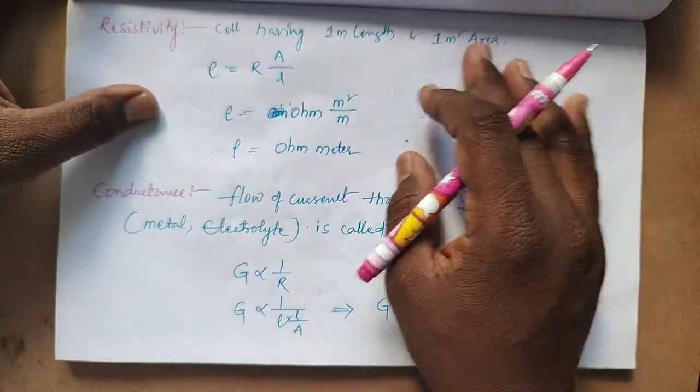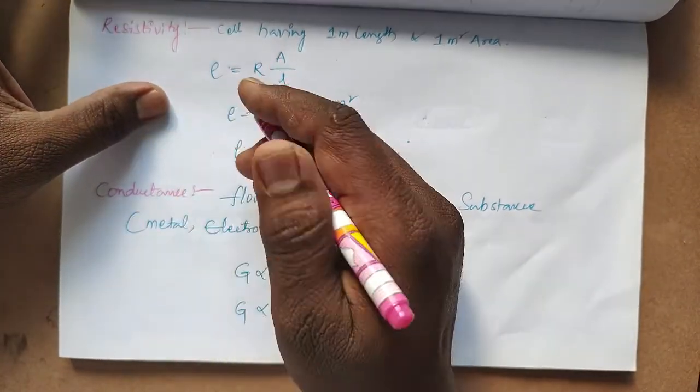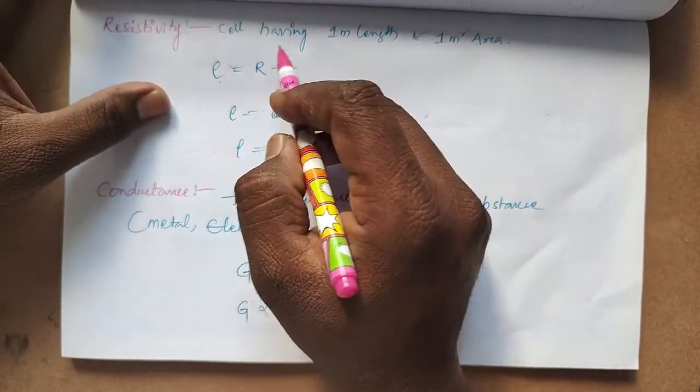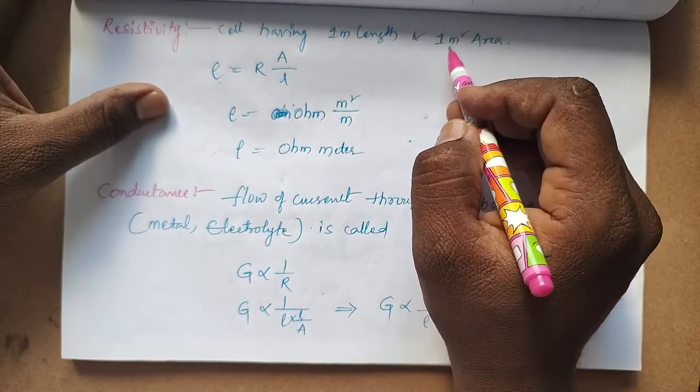Next we take the resistivity. Resistivity is rho: the resistance of a cell having 1 meter length and 1 meter square area.